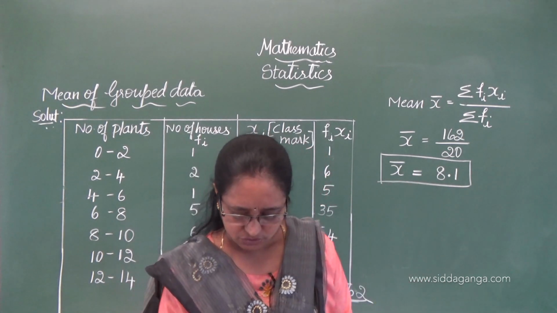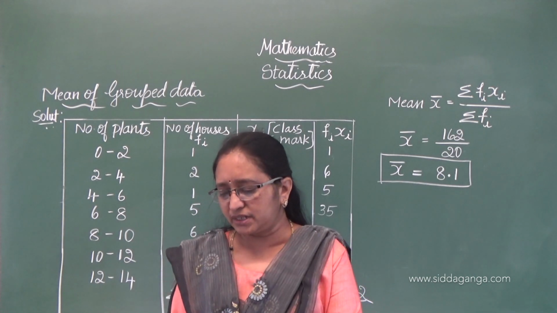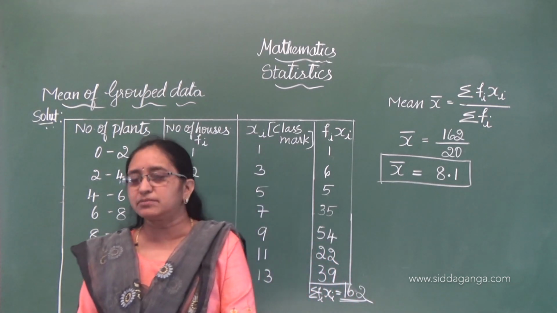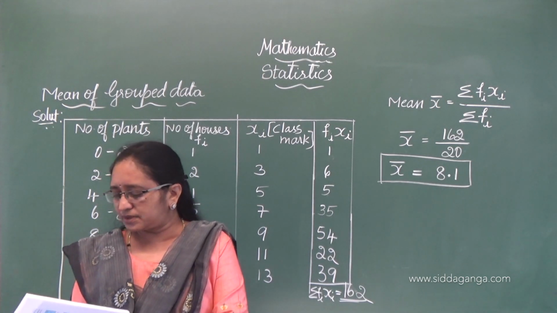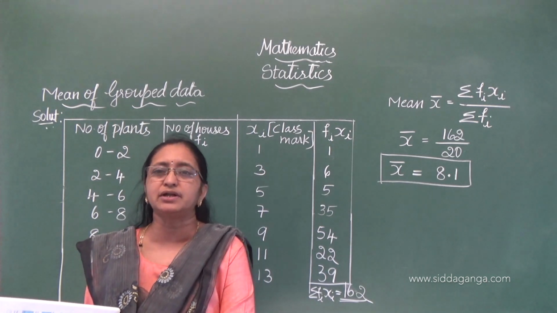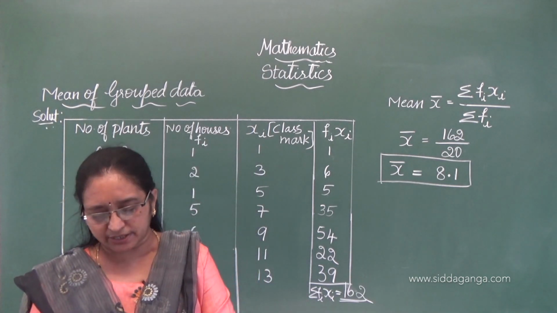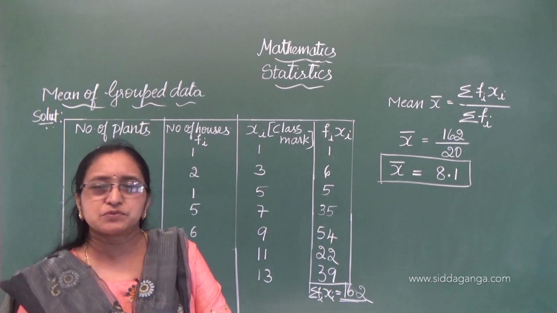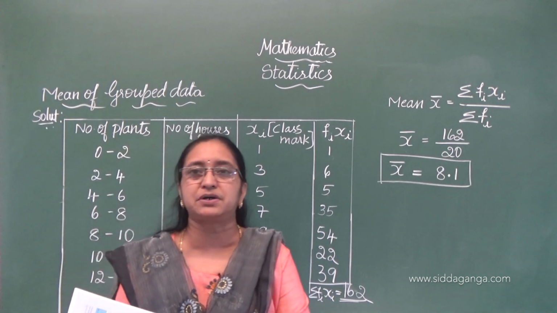Here you should write the conclusion by looking at the question: find the mean number of plants per house. So what will you write? The mean number of plants per house will be 8.1 plants. The decimal point is there, since you won't get the exact value.